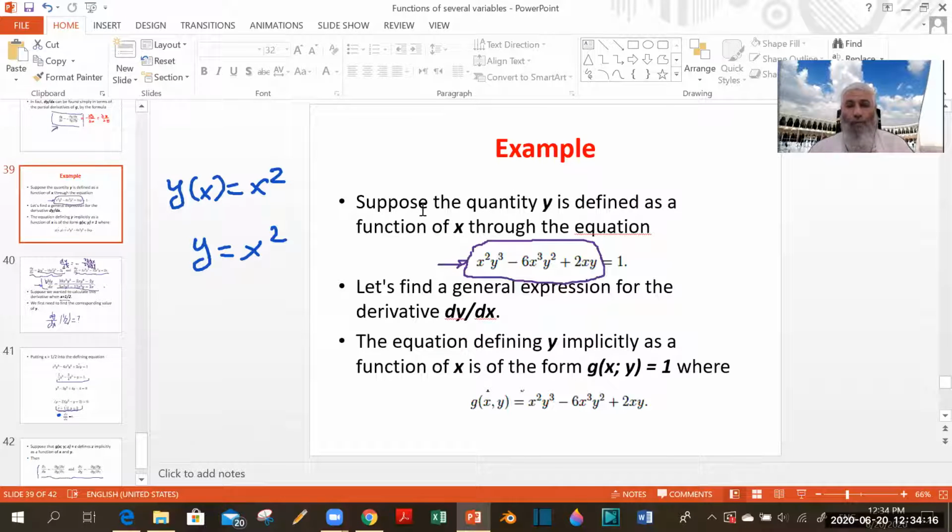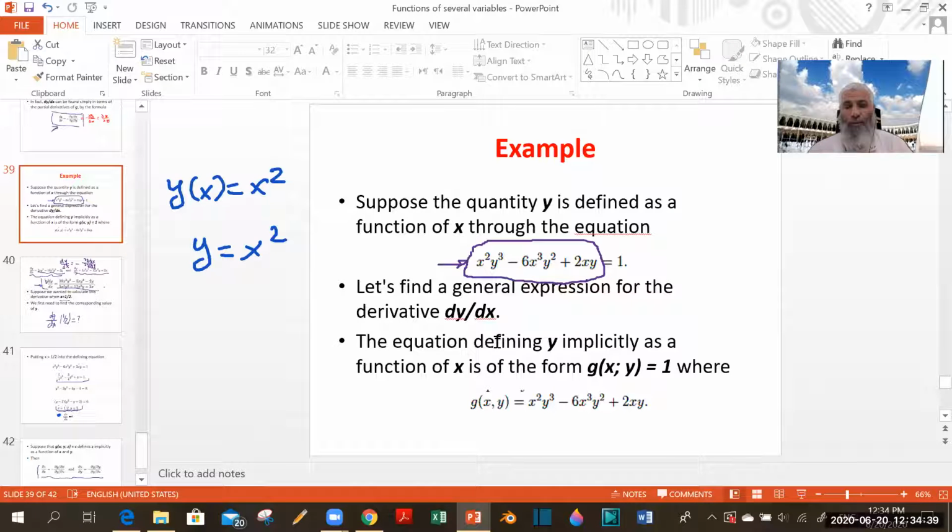Example. Suppose a quantity y is defined as a function of x through this equation: x squared y cubed minus 6x cubed y squared plus 2xy equals 1. Let's find a general expression for the derivative dy dx.